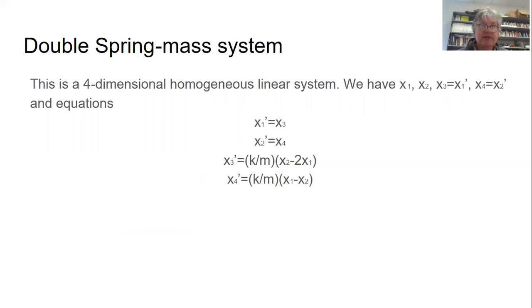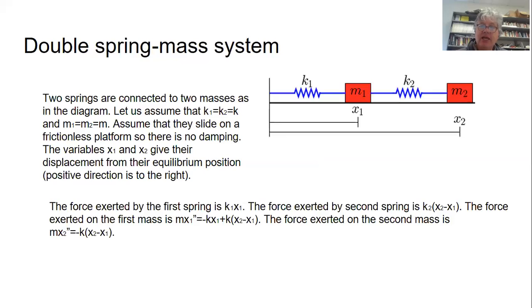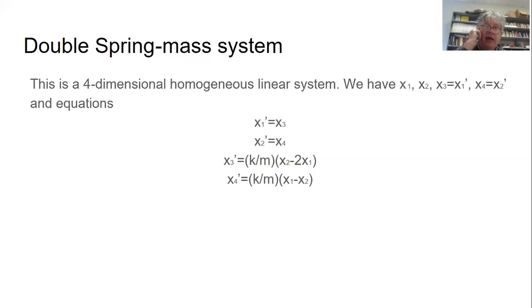And so this gives us a nice four-dimensional homogeneous linear system. Okay, we've got x1 and x2. Since we're dealing with second derivatives, we need x3 and x4 for the derivatives of x1 and x2. And the equations, we just then solve for x1 prime, x2 prime, x3 prime, x4 prime.